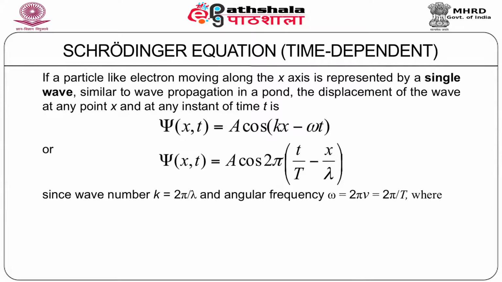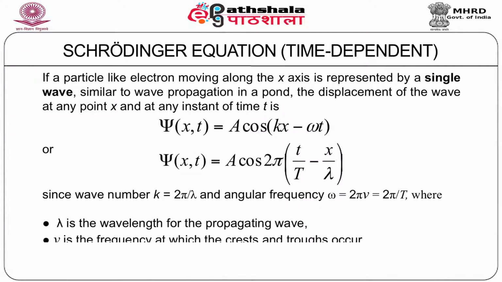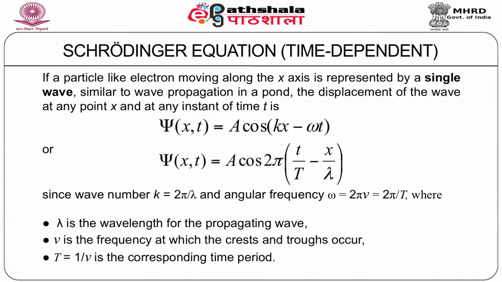This is because the wave number k is equal to 2 pi by lambda, where lambda is the wavelength, and the angular frequency omega is 2 pi nu, where nu is the frequency, which is equal to 1 by T.